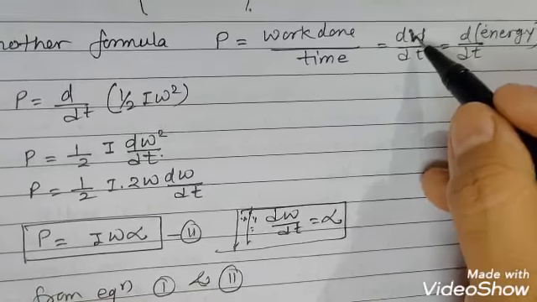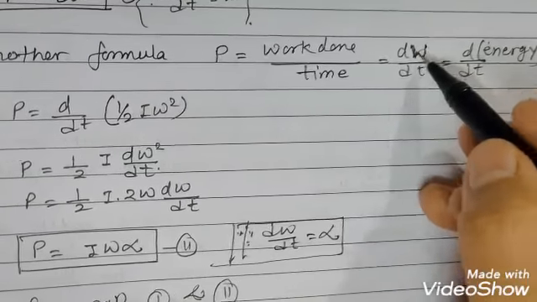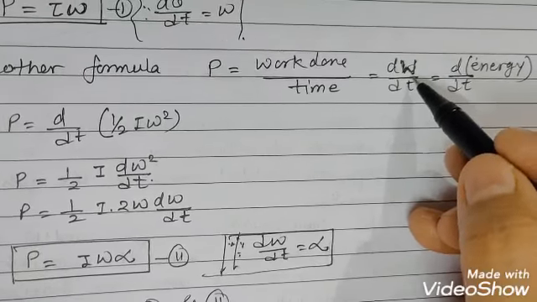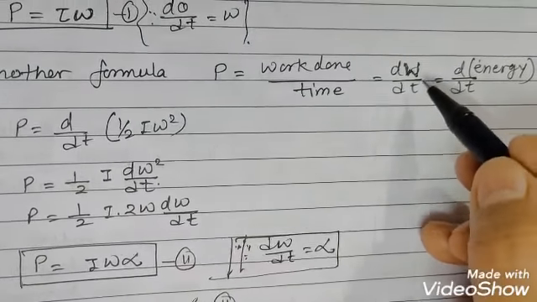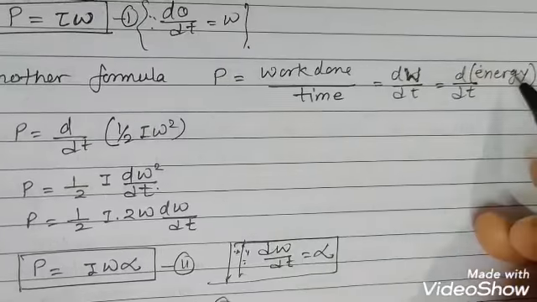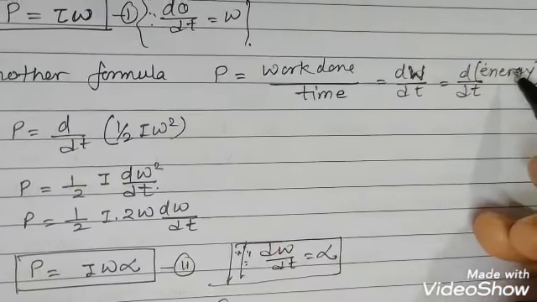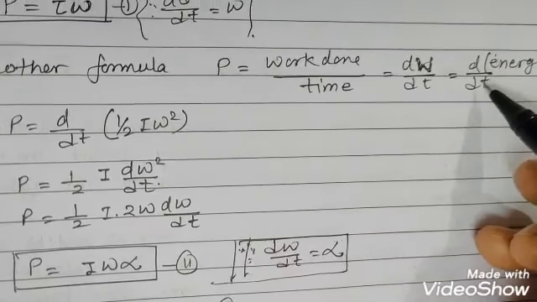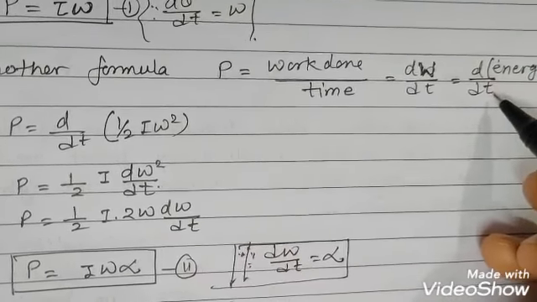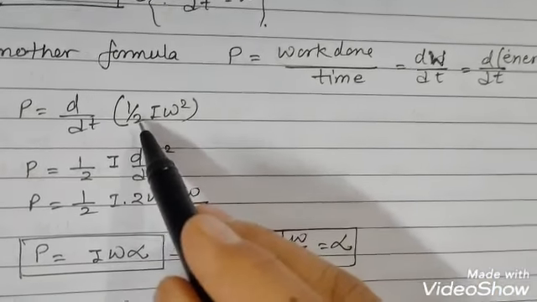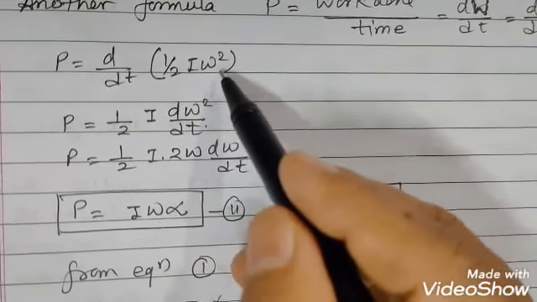Now dW upon dt is the work done with respect to time, and we know that the work done is equal to energy, so we can replace work done with energy. So this is the differentiation of energy with respect to time, and the energy we are taking here is the kinetic energy, that is half I omega square.